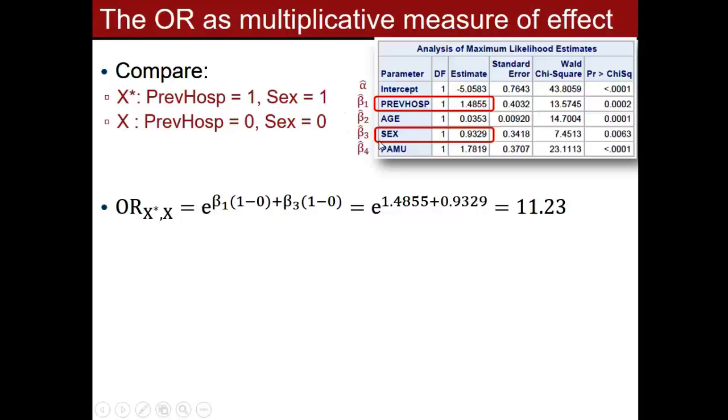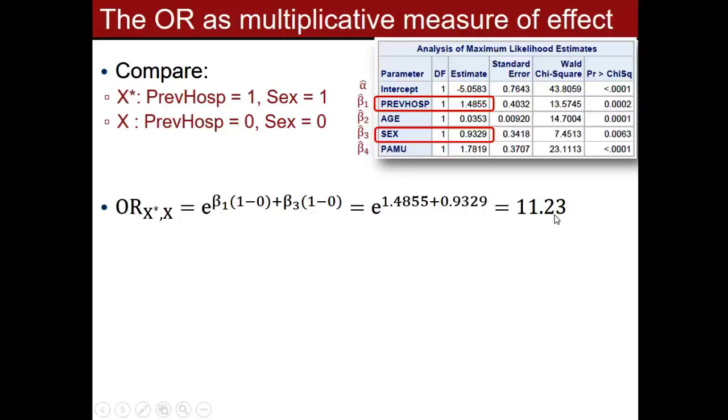And what happens is we plug in this output from SAS, and this 11.2 represents the odds ratio comparing people like this to people like this, globally, controlling for age and PAMU. Because everything else became 0 in our formula, and this is 1 minus 0 equals 1, it's just e to the beta 1 plus beta 3.